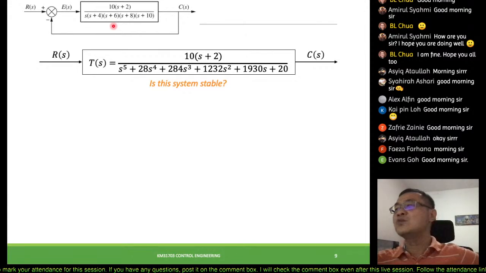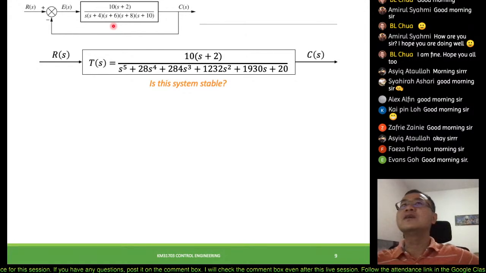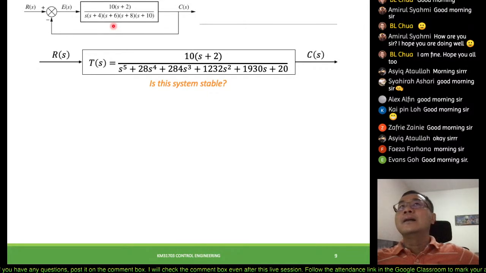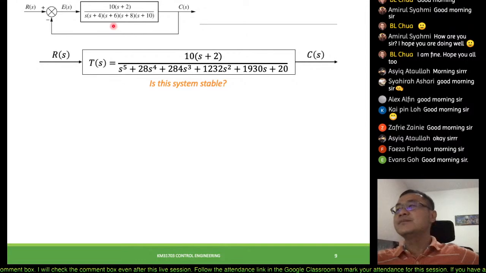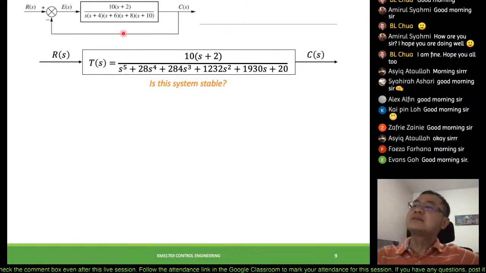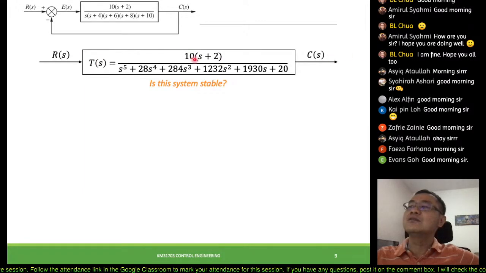But when we deal with a feedback type of system, we must first convert or simplify it into a single block. We will name that T(s). This is a single transfer function to represent this feedback control system.